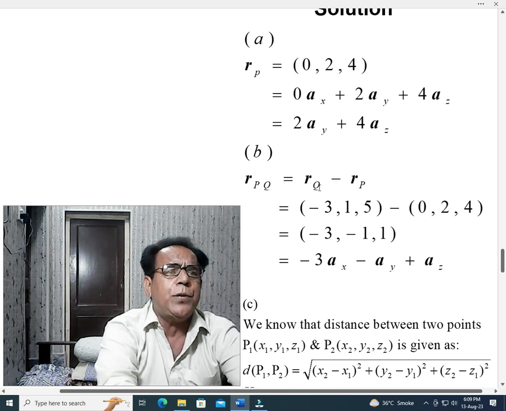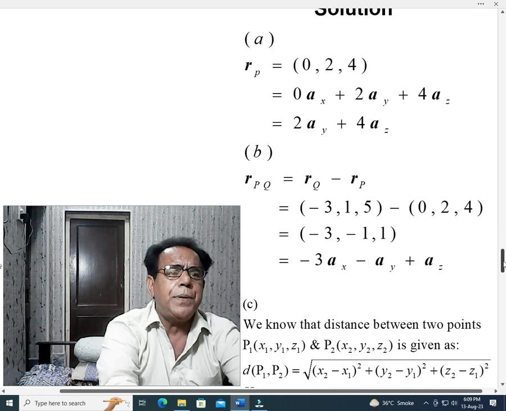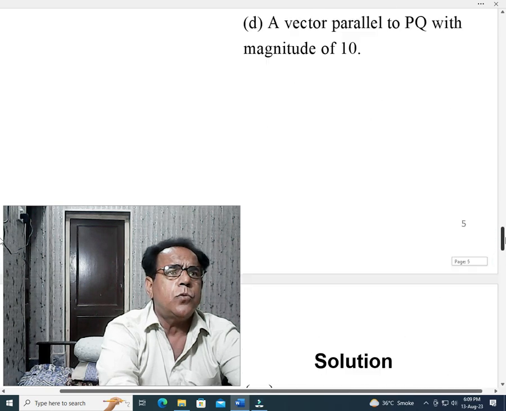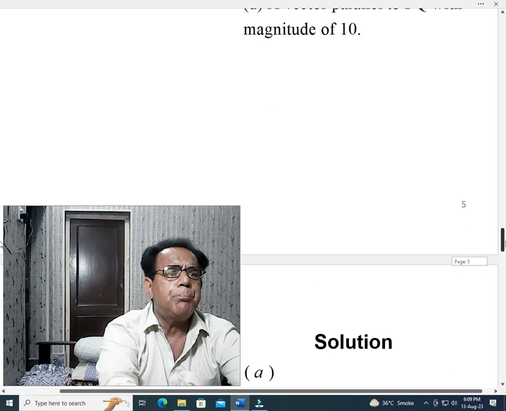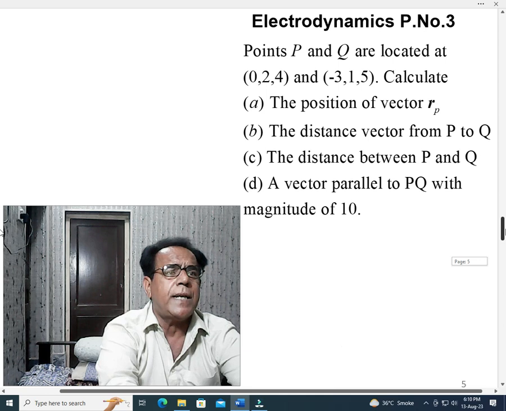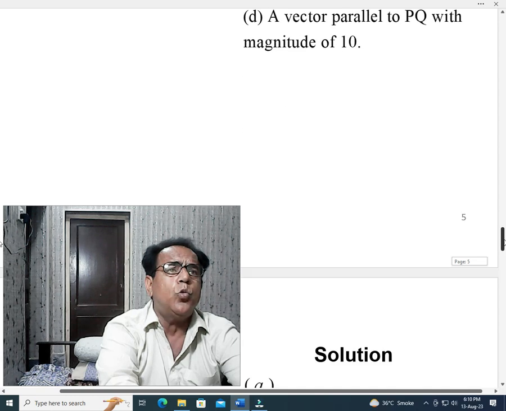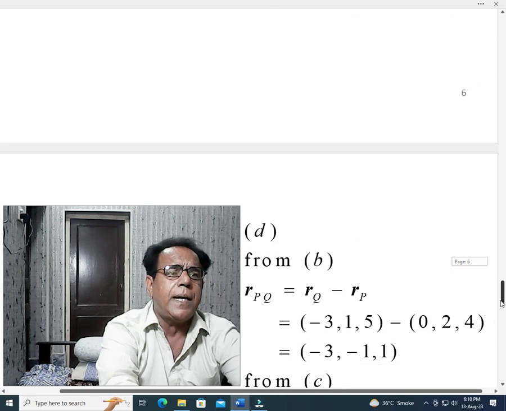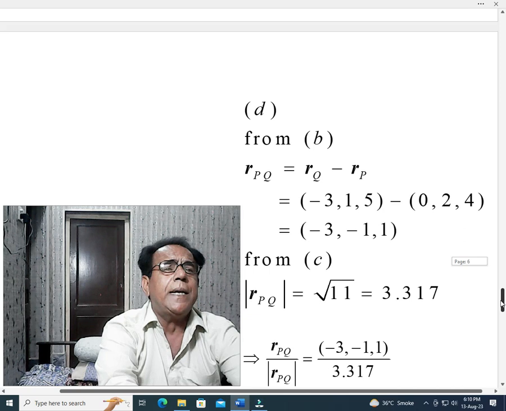Here RPQ equal to this minus this we have previously calculated. Sorry, mistakenly I started part A. We have to go to part D.